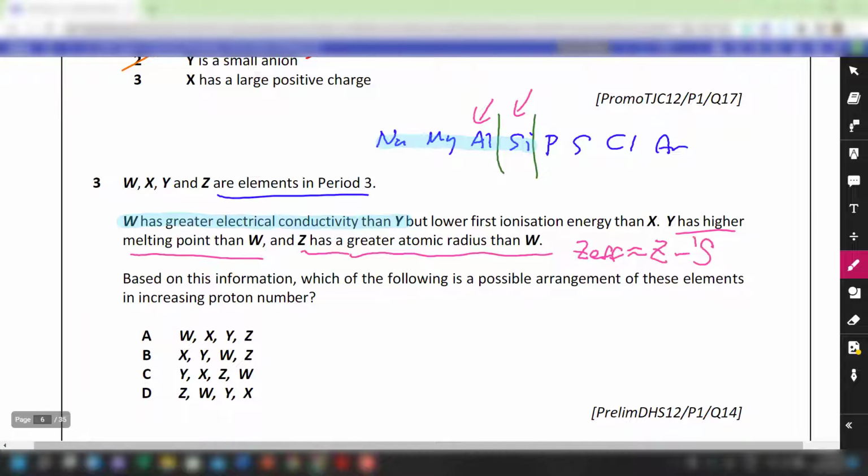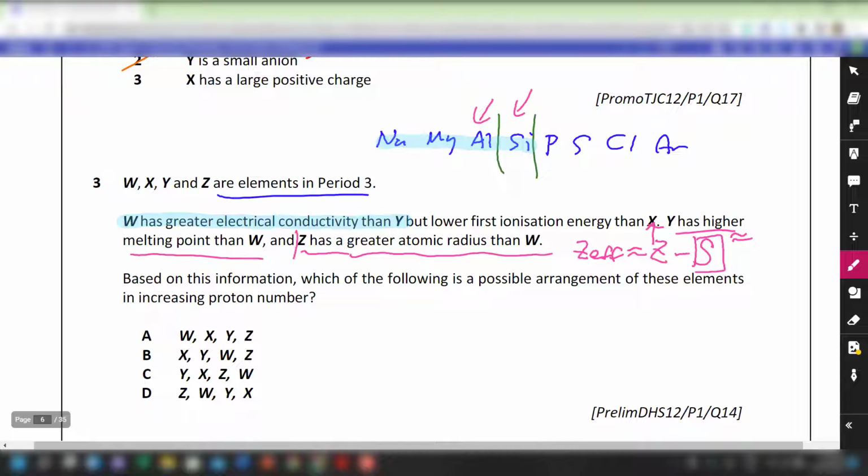The screening effect is relatively constant. So as we go across the period, nuclear charge increases while the screening constant stays relatively constant. So you will expect effective nuclear charge to increase across the period, and I would expect the atomic radius to decrease as I go across the period.